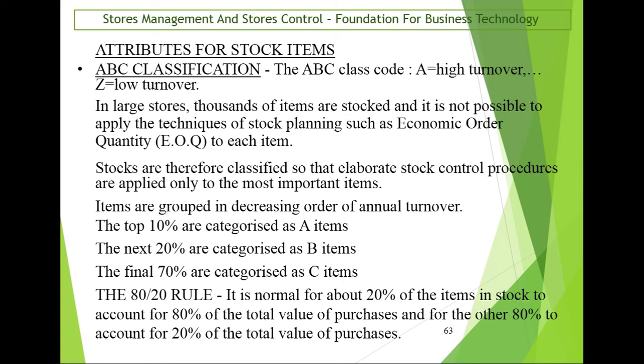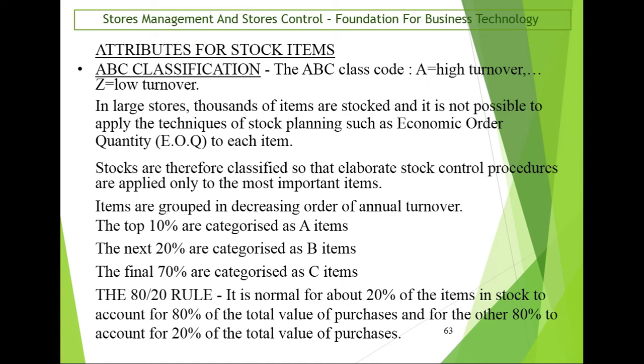In large stores, thousands of items are stocked, and it is not possible to apply the techniques of stock planning such as economic order quantity to each item. Therefore, we classify these items according to groupings, like the first 10%, next 20%, and the final 70%.